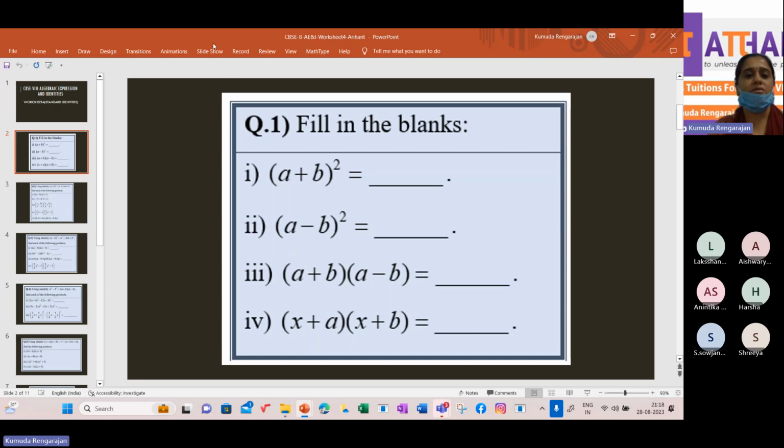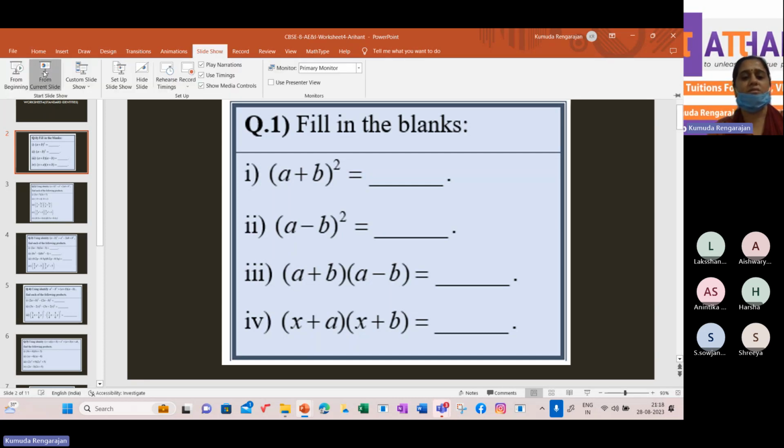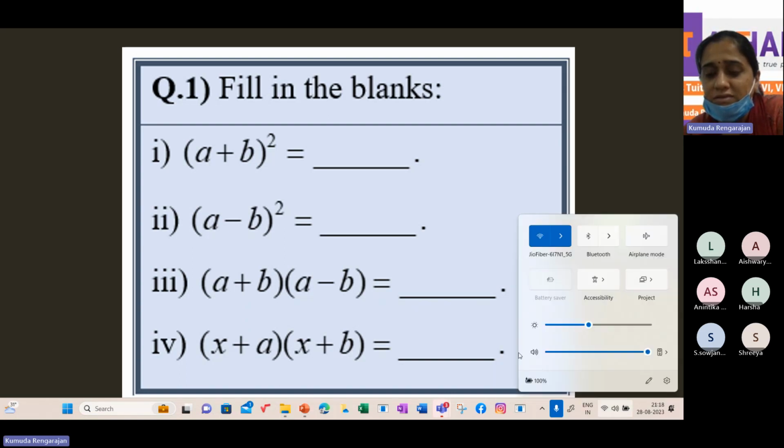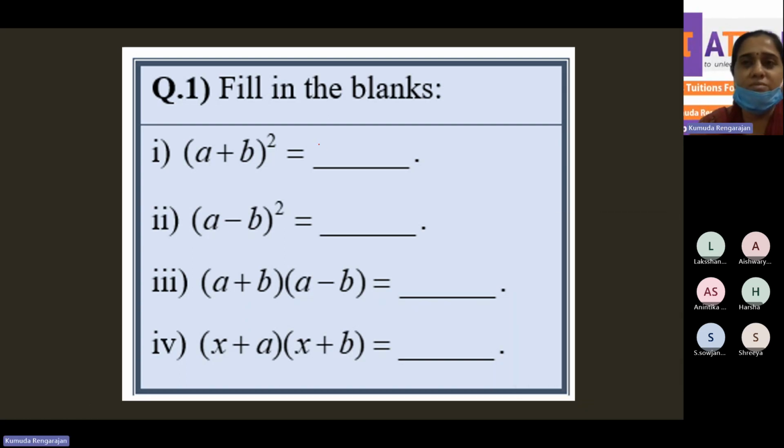Yeah, fill in the blanks. Orally this, don't write. Help me to fill in the blanks, children. What is a plus b the whole square? A square plus 2ab plus b square. A minus b the whole square?